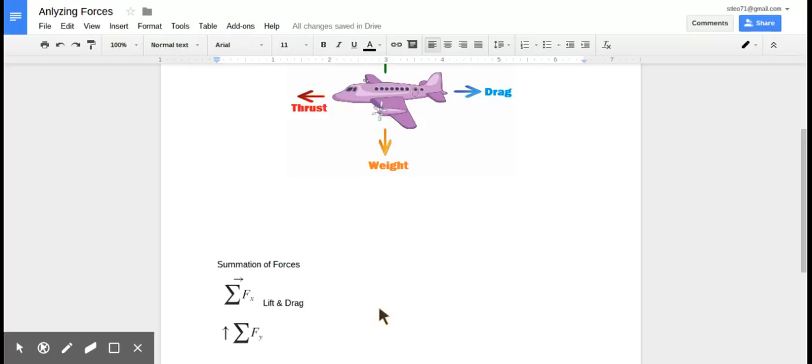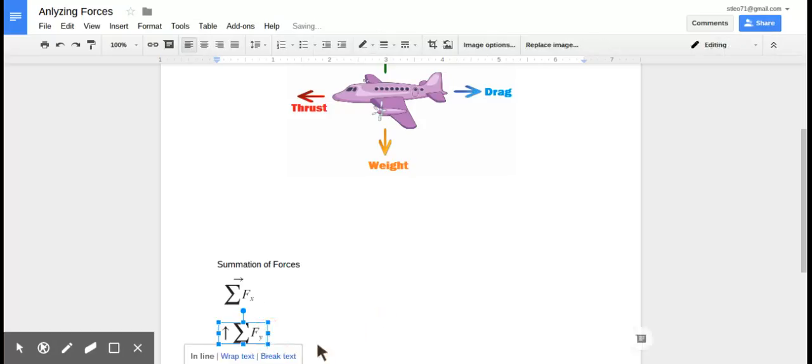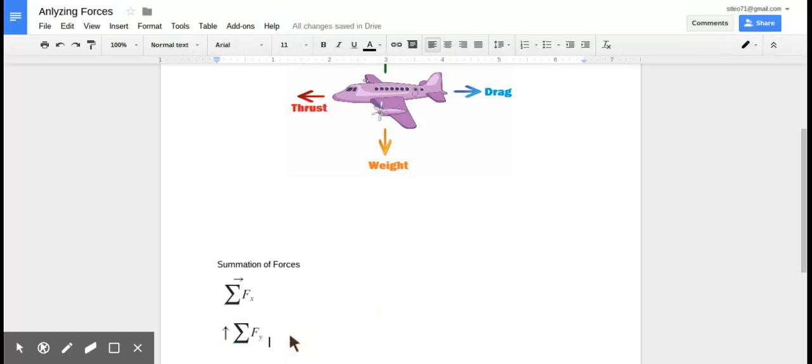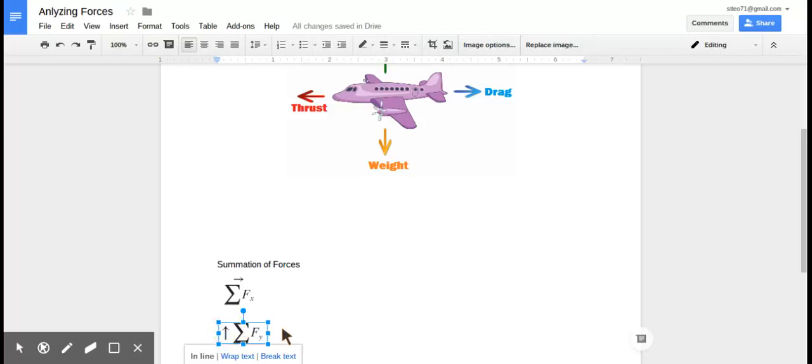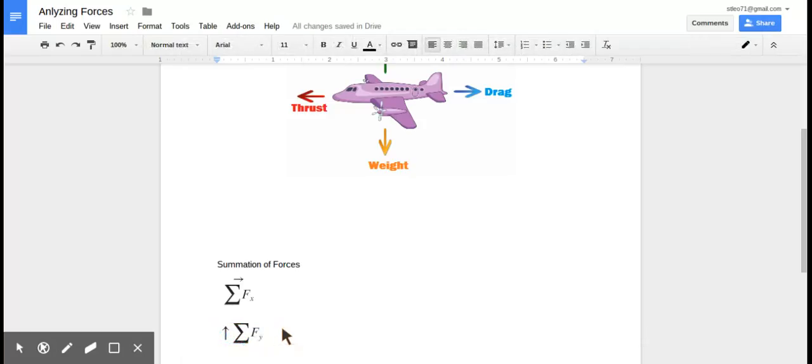So we can analyze this using the rules, using the summation of forces along the x-axis, where everything to the right, I'm sorry, this is the wrong place to place it, by the way. It should be along the y-axis here, because everything going up is positive here.